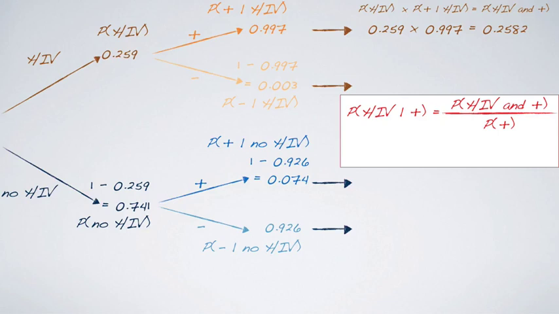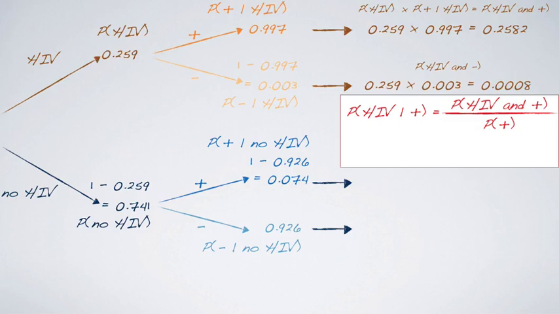So there's a 25.82% chance that a randomly drawn person from the Swaziland population has HIV and tests positive. Similarly, the probability of HIV and negative is going to be the probability of HIV, 0.259, times the probability of negative given HIV, 0.003. That's a really tiny probability, 0.0008.